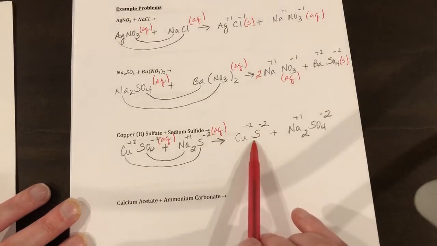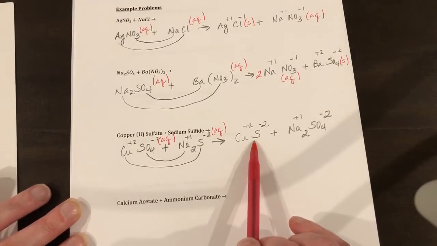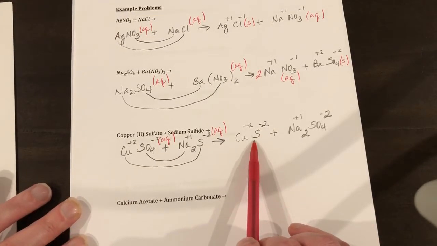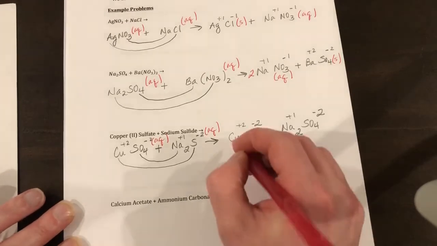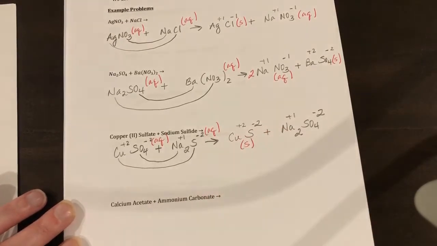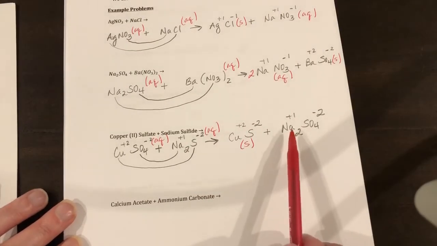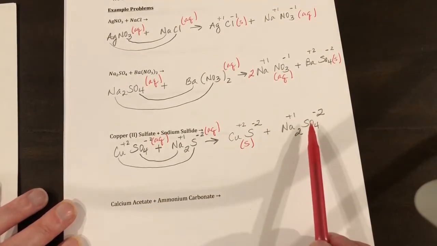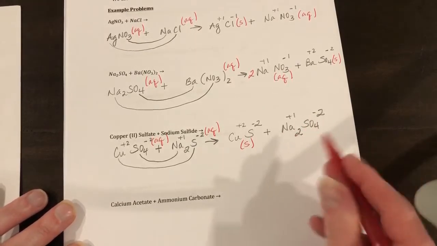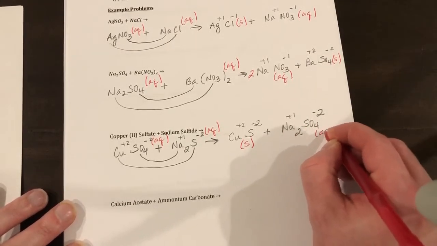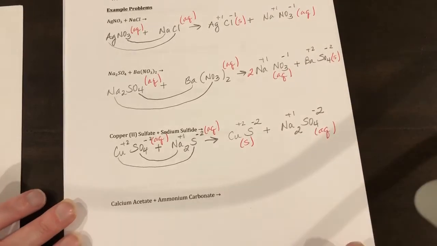Copper is a transition metal, so it is not soluble, so we write s. Sodium does not fall into one of the SO4 exceptions, so it's soluble like that.